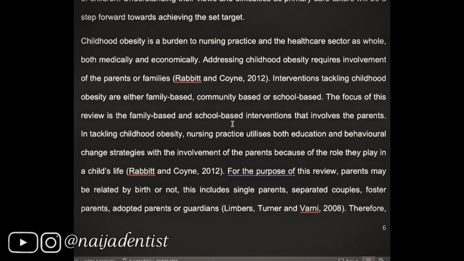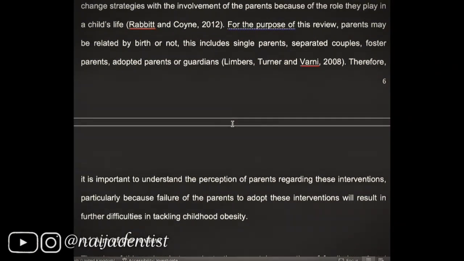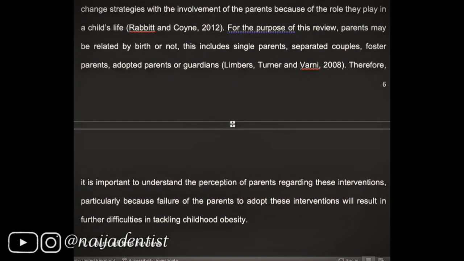Now, we explain further to say, okay, to tackle this childhood obesity and follow the government guideline, we need to involve the parents. We need to understand what they think about these interventions that have been created, which is the main rationale for this study: what do parents think?